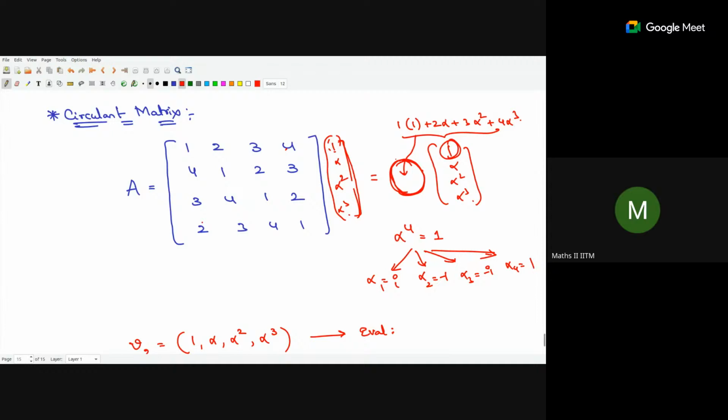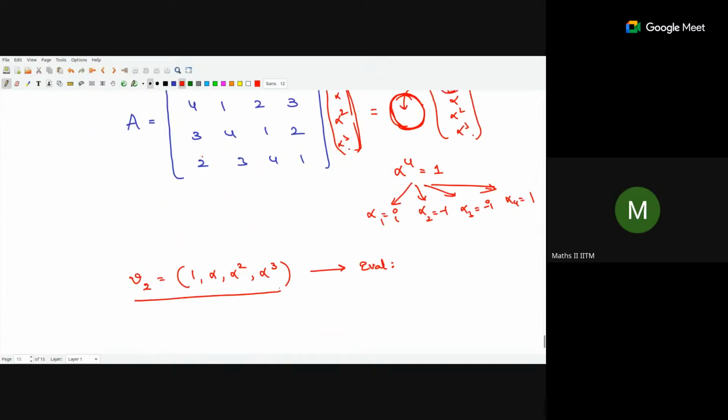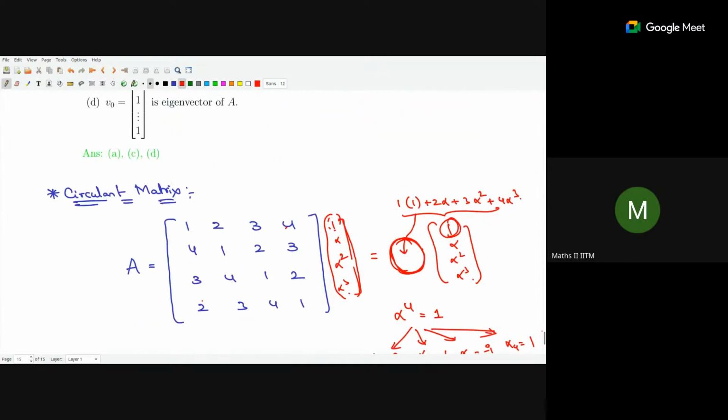Is this okay? This is understandable. If I claim this as an eigenvector, then A times that eigenvector should give me some constant multiplied by the same vector. To find what that constant is, I can simply look at the first row and multiply it with the vector.